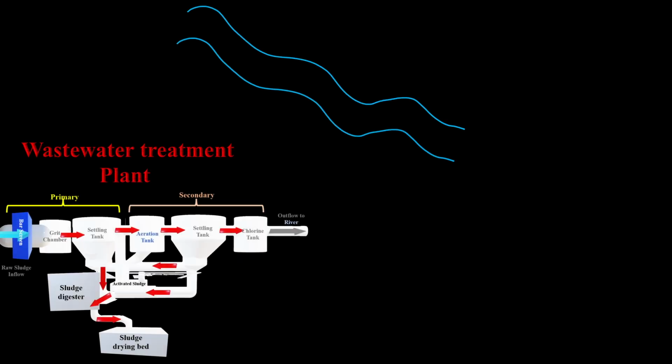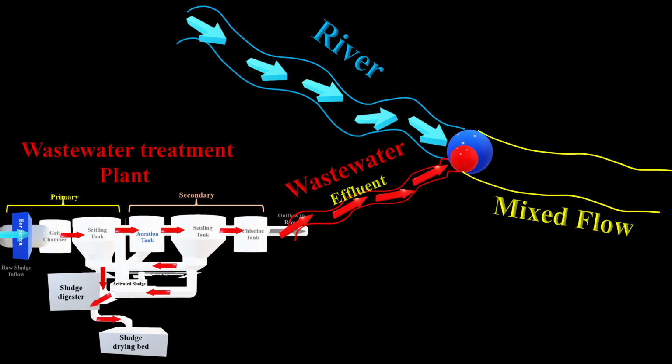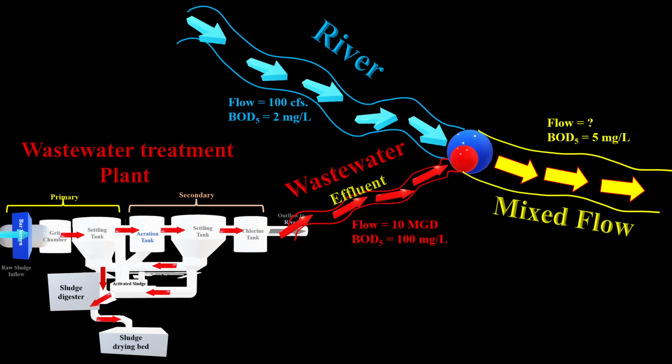Again, our wastewater plant effluent is discharged to a river, the flow and BOD5 concentration for both are provided, and after the intersection the river moves on with a mixed flow with the new condition. The flow is the combination of the river and wastewater, but the BOD5 is restrained by the EPA to be only 5 milligram per liter.